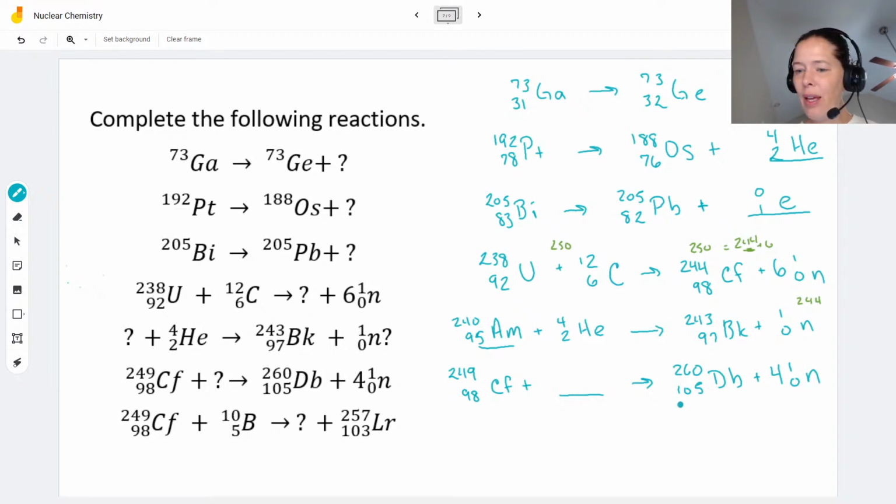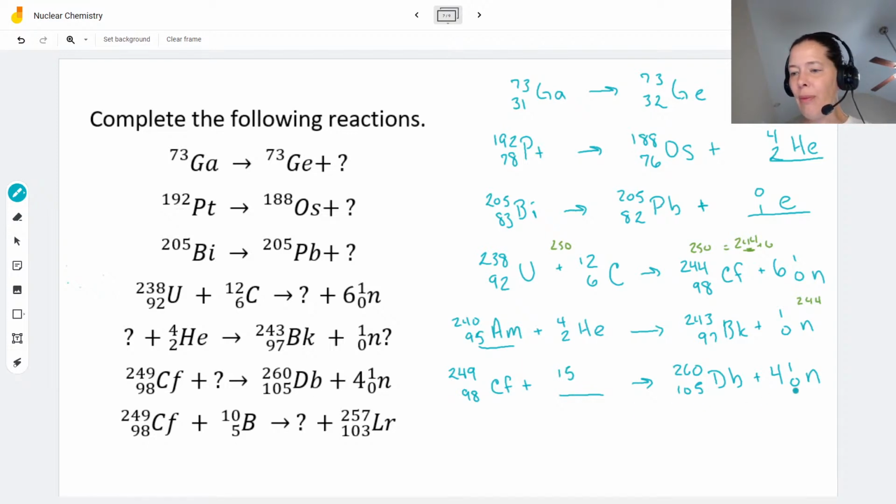Okay. All right, so let's figure out what our mass and atomic numbers are. Again, remember you've got this multiplier of this 4 here for these neutrons, so it's not just 1, but it's 4 times 1. All right, so that means that I have 260 plus 4 is going to be a 264, and I've already got 249 here, so that is going to give me a 15 for a mass number.